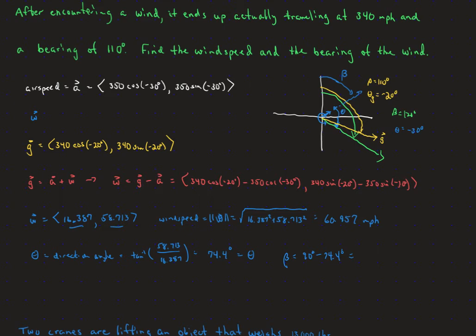And so I'm going to go 90 minus, go up and capture that. And that's looking like about 15.6 degrees is the bearing of our wind. So our wind has a speed of about 61 miles an hour and a bearing of 15.6 degrees. That's pushing our plane off course.